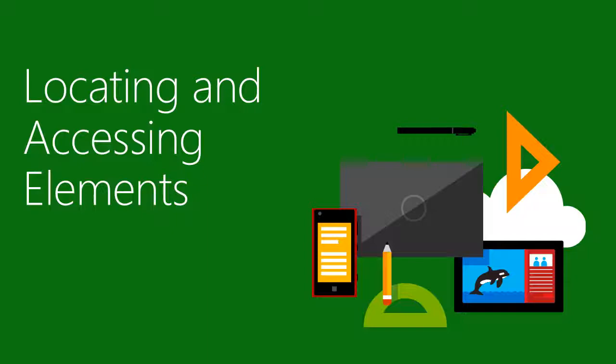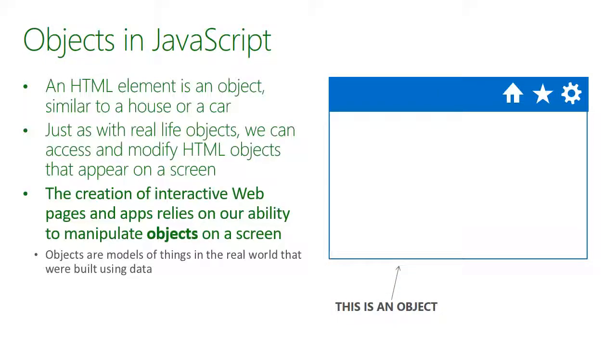Locating and accessing elements. Objects in JavaScript. An HTML element is an object similar to a house or a car. Just as with real-life objects, we can access and modify HTML objects that appear on screen. The creation of interactive web pages and apps relies on our ability to manipulate objects on the screen.